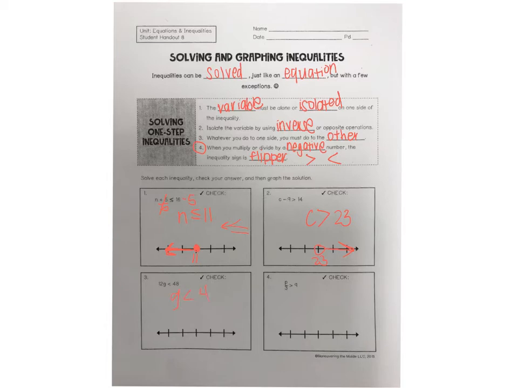G is less than 4. Open dot at 4, shade to the left. Great job. What do we get for number 4? Ethan? P is greater than 27. Open dot at 27, shade to the right. How'd we do?